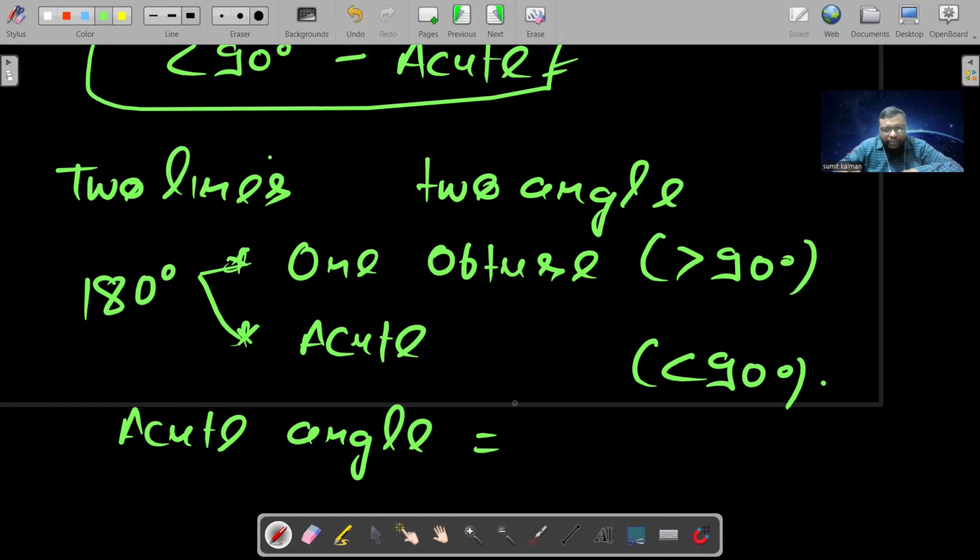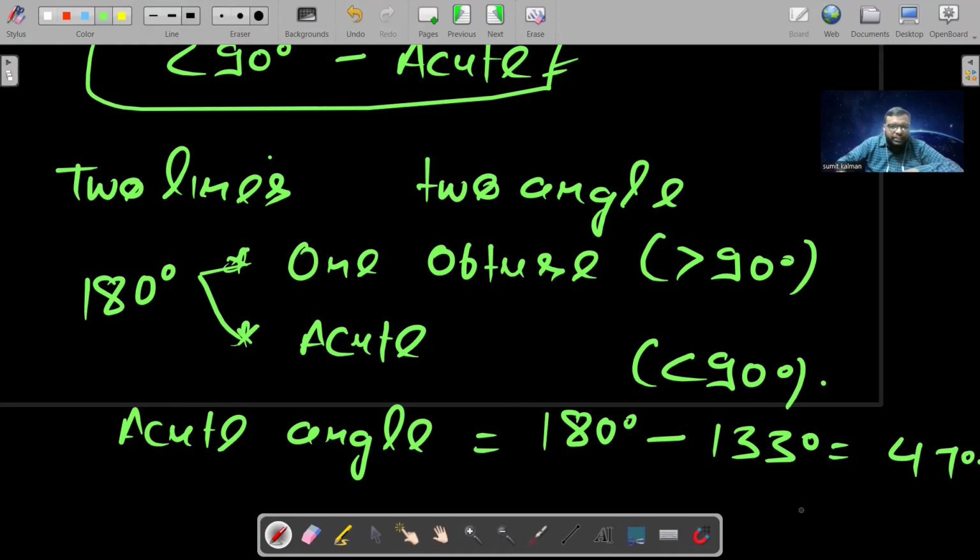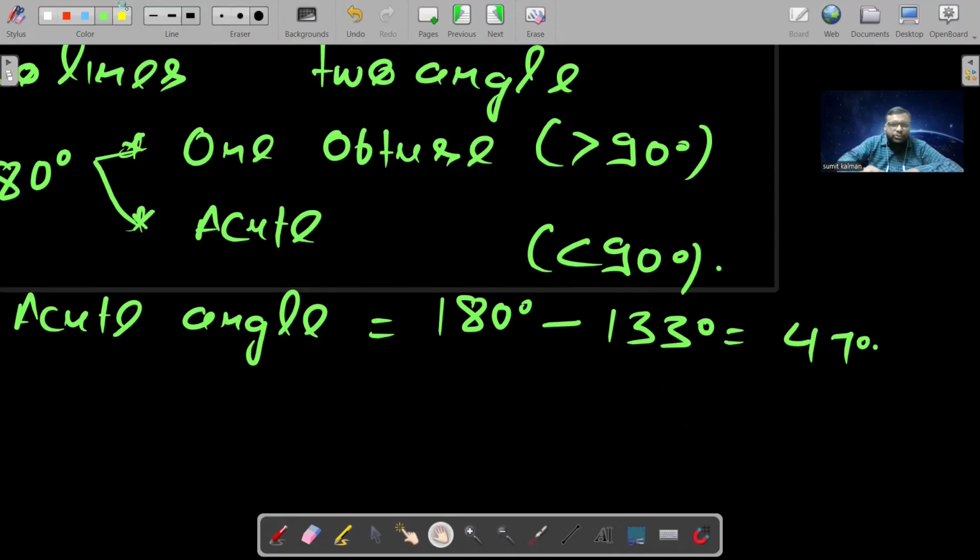So students, here we will calculate acute angle. For the given prism, it is 180 degree minus 133 degree and it will come out to be 47 degree. So students, we have calculated acute angle and it is coming out to be 47 degree.